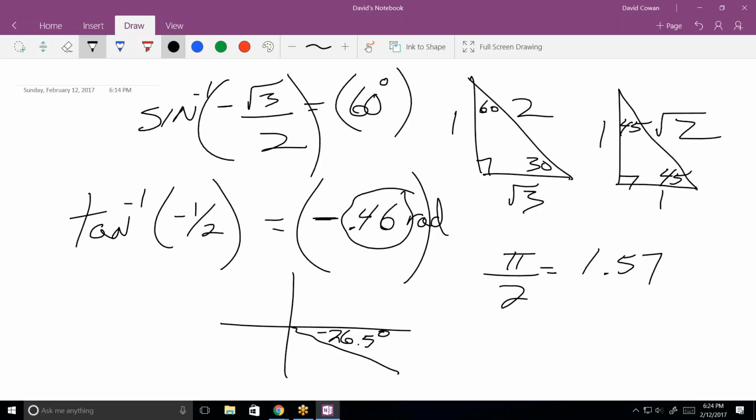But notice that when you're dealing with a negative angle that's less than pi over 2 in magnitude, you're always going to be in that fourth quadrant. So if you were to put into your calculator the inverse tangent of positive 1/2, you're just going to get that same angle, 0.46 radians or 26.5 degrees. So with tangent, you get either first quadrant or fourth quadrant, just like sine.